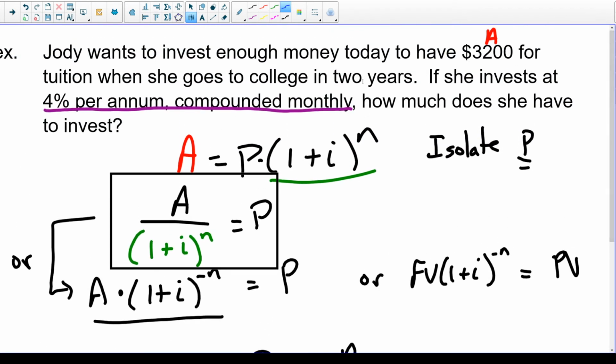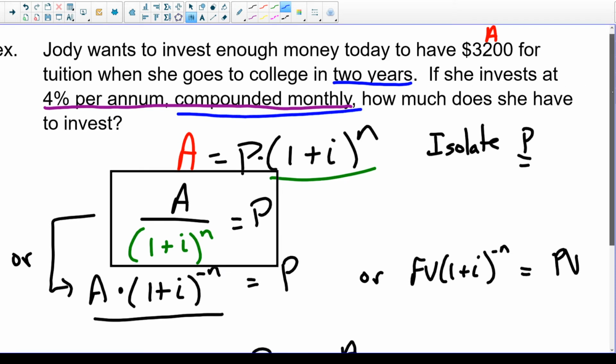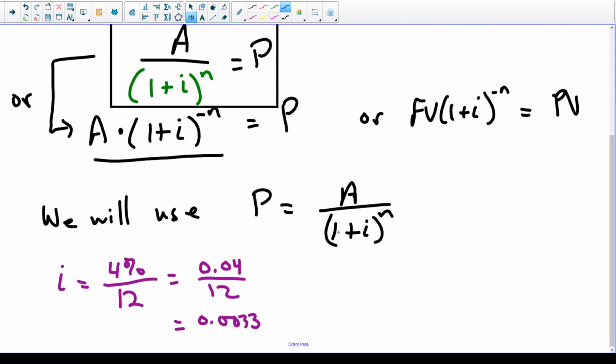The n value is based on 2 years, but it's also affected by the compounding frequency. Let's remind ourselves what n means. n means the number of interest payments over the life of the loan. If you're going for 2 years but getting paid monthly interest, that means you're getting 2 times 12 interest payments, which is 24 interest payments overall.